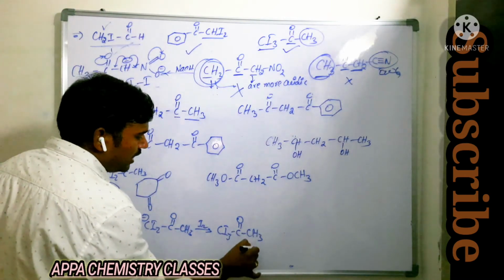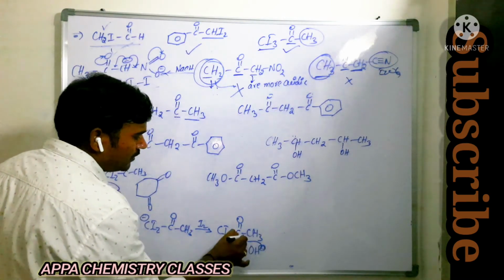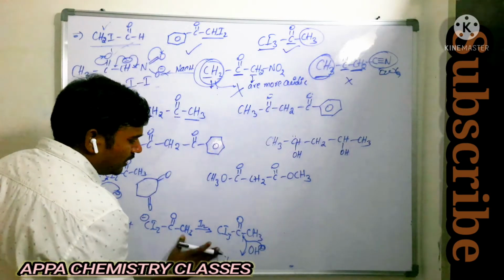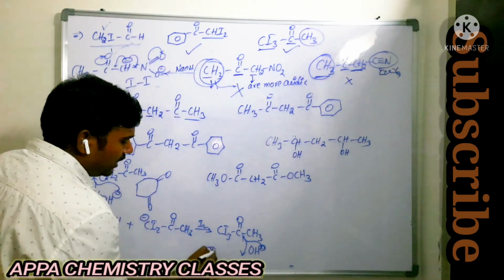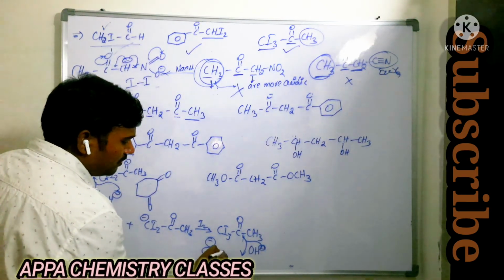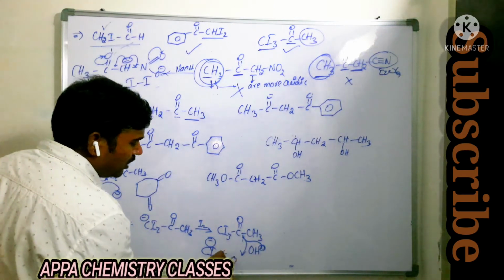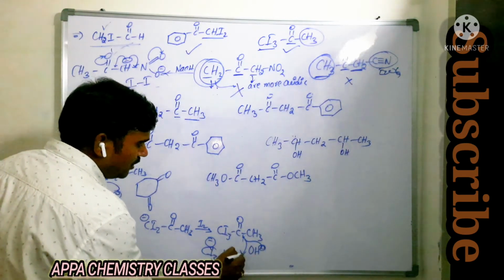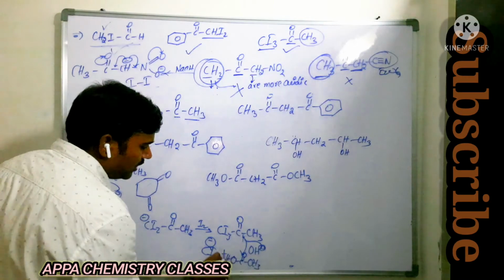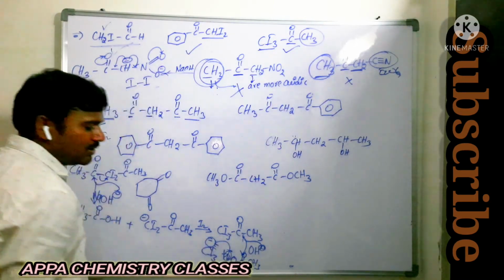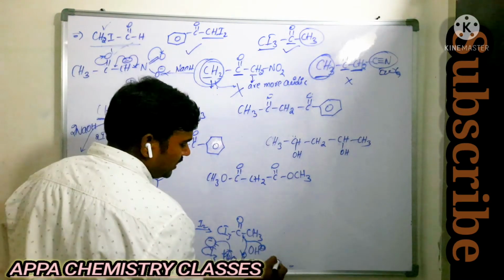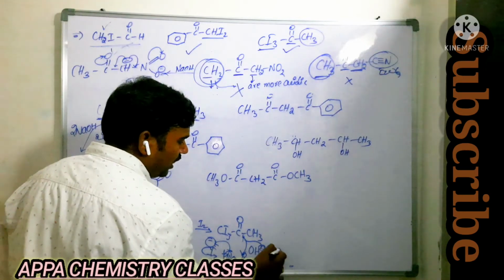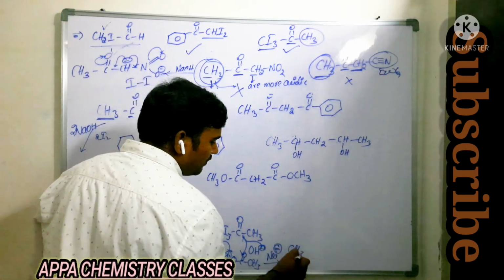Which again reacts with OH minus ion. Then again we will get CI3 minus plus OH, C double bond O, CH3. This H plus ion combines with this hydrogen, and this reacts with the sodium ion and we will get sodium acetate.